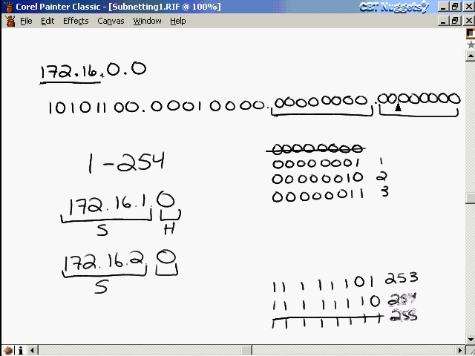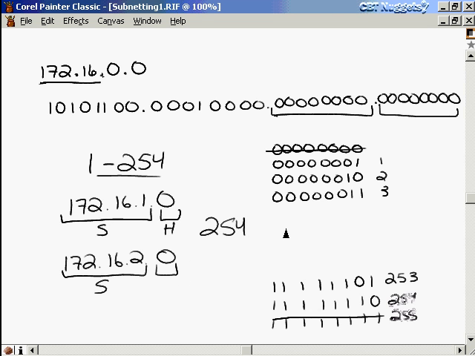We have possibly 8 bits that can be manipulated to give us our different host addresses. It just so happens to be the same number of bits that we have within this area, which is our subnet field. So if we have 254 possible subnets, then it'll hold true if we have 8 bits in the host field that we have 254 possible hosts as well on every subnet that we create.